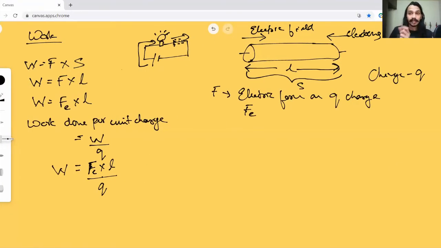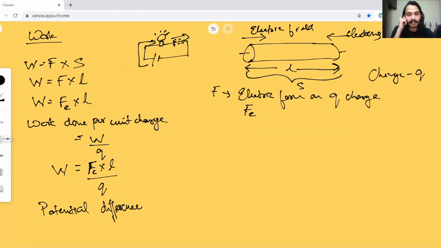But there is a certain name for it. Okay, there is a certain name for this work done per unit charge. We call this potential difference. Potential difference is nothing but how much work is done on a single charge when it is put in a circuit, to make it move through a certain amount of distance.